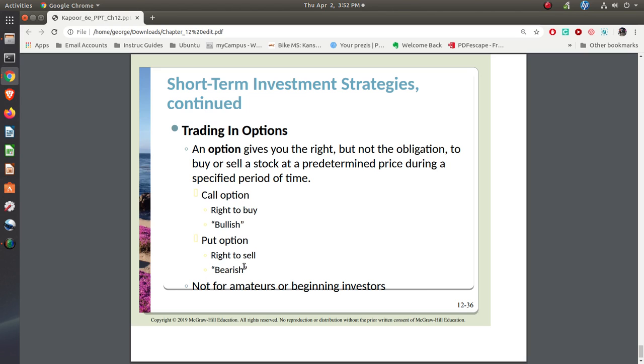Well, what you're hoping is after 2 years, the price actually goes up to maybe $75 or $100. You are going to buy it at $50 because that's what the contract, that's what the option says. And then you can turn around and sell it for the current price, which is maybe $75 or $100 a share. You've made money.